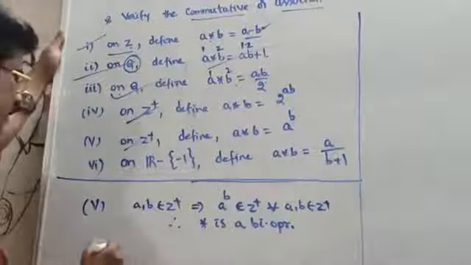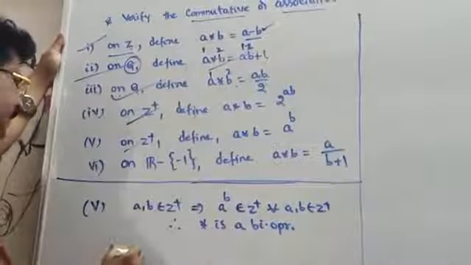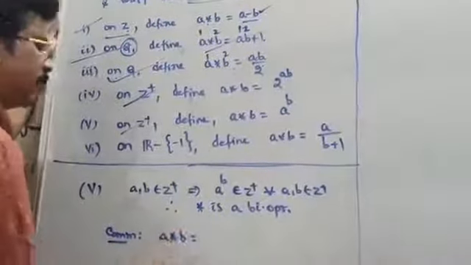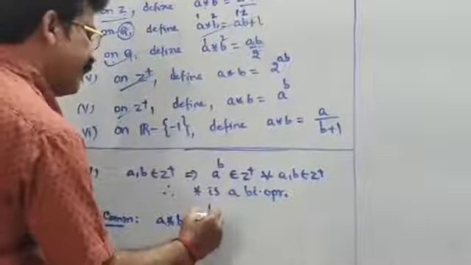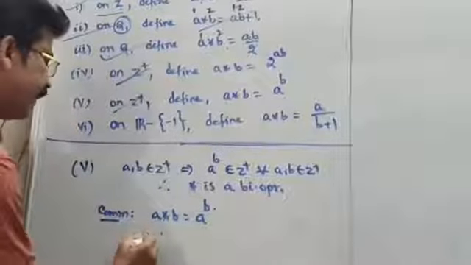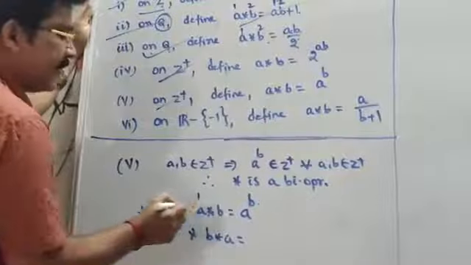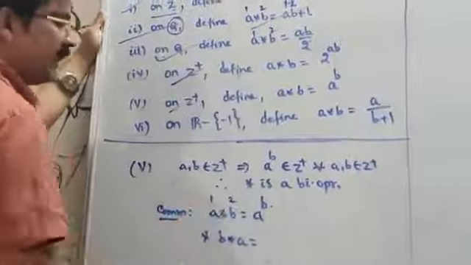Next, commutative law. We are verifying the commutative law. So a star b is given as a power b. And what about b star a? Here a is the first element, b is the second element.